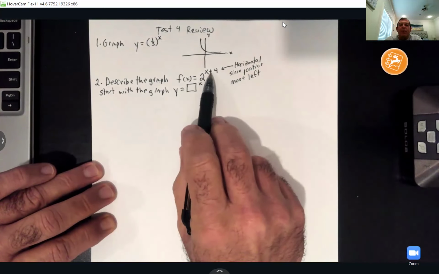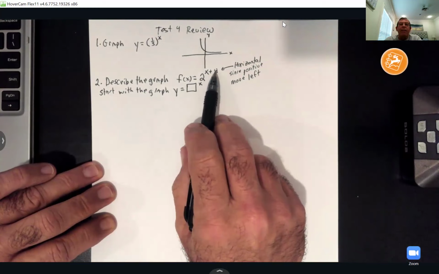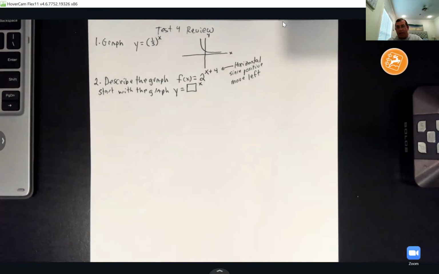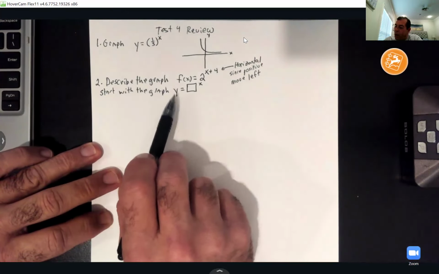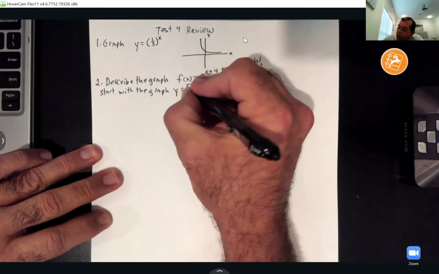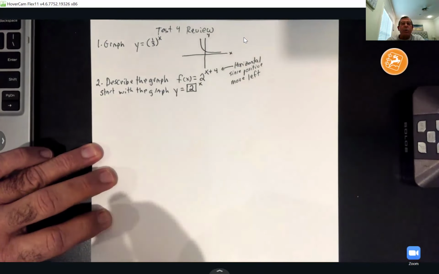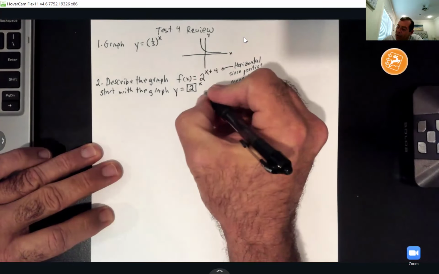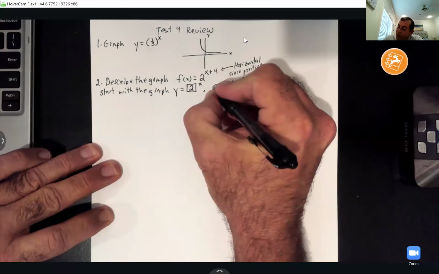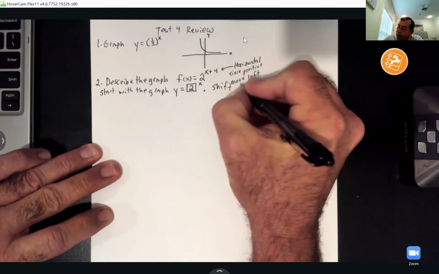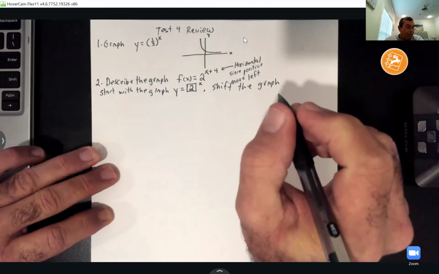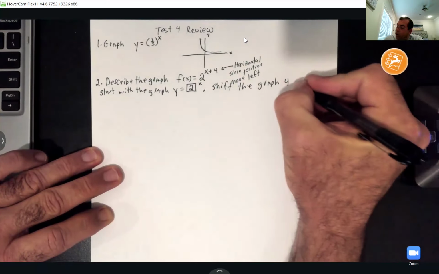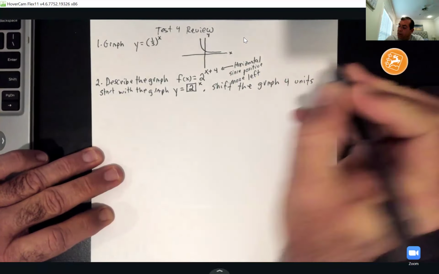So remember, the exponent, positive moves me left, negative moves me right, okay? All right, so down here, start with the graph of y equals. Well, my base is 2, so I would put my 2 into blank, and then I would choose the one that says shift the graph 4 units to the left.